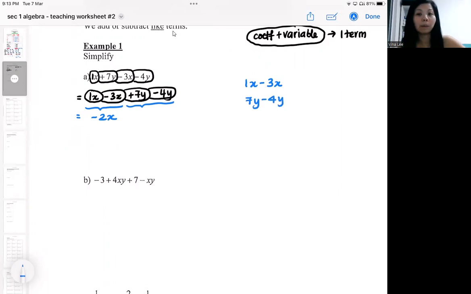So that is another family. So you can punch calculator 7 minus 4, you get a positive 3. So you get a positive 3y. So that is how we reshuffle and then we simplify them. Simplify means we just add or subtract according to what we see.